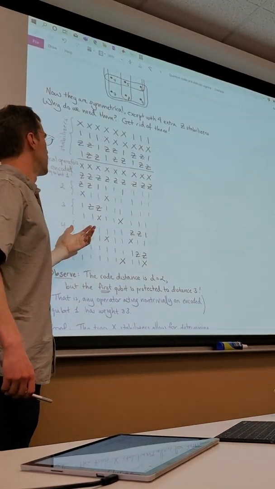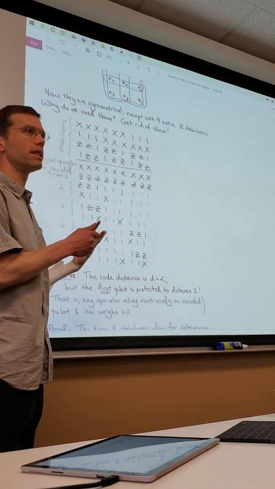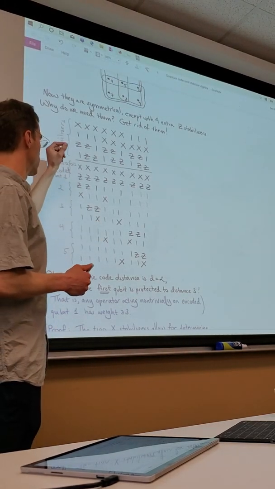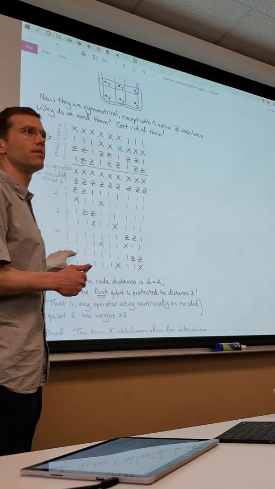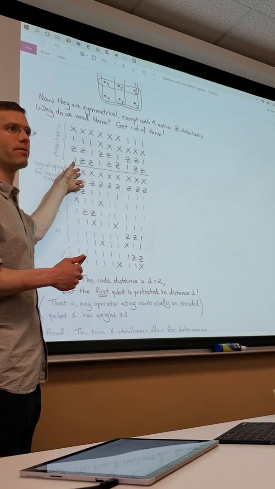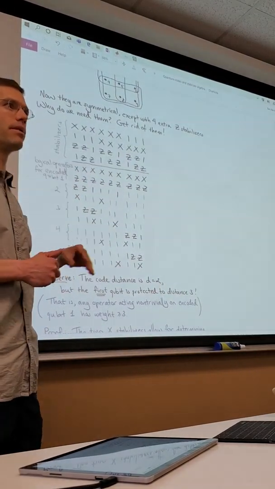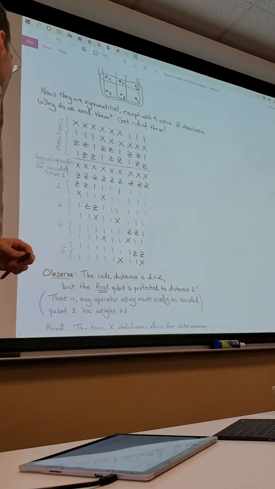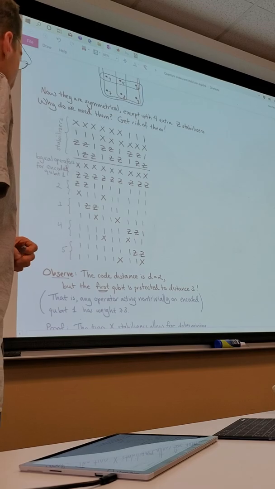But there's not a unique correction, but you can apply some correction to it, which will leave the first logical qubit alone, and it might mess up these other 4 logical qubits. The important part is we're leaving the first logical qubit alone, so that's where we put our information. We don't care about that stuff. So that's called a subsystem code, and these are rather nice.